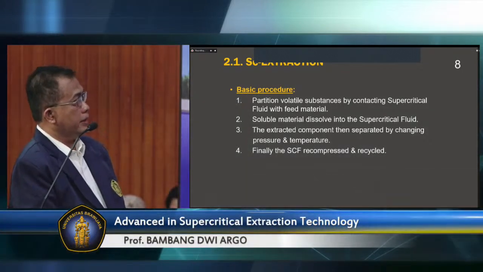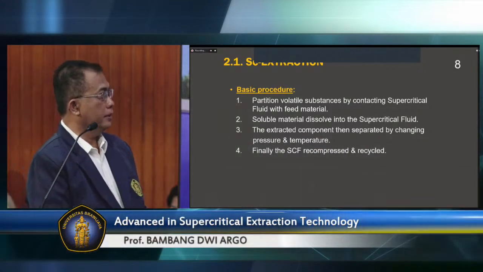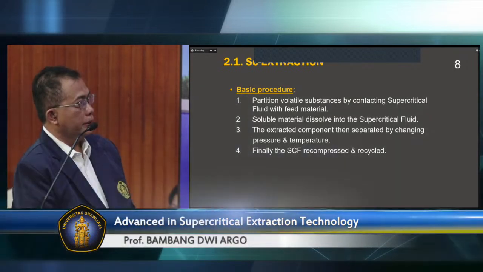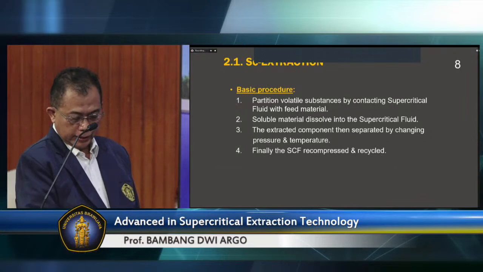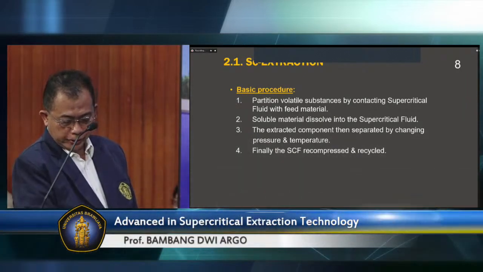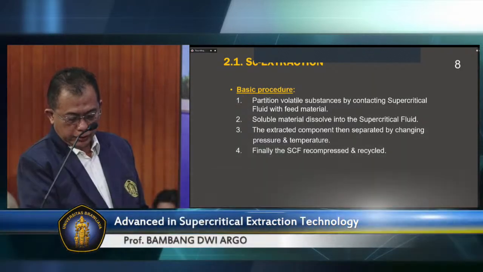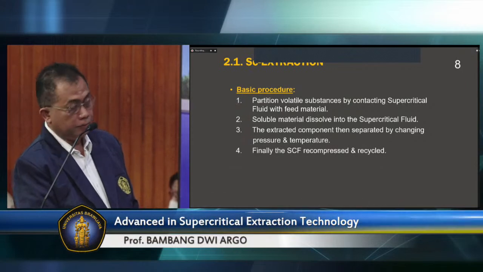And then the extracted component is separated by changing pressure and temperature. And finally, the supercritical fluid is recompressed and recycled. From this process, the solvent as supercritical fluid can be reused and will not disturb the environment, and it is efficient in the use of the material.